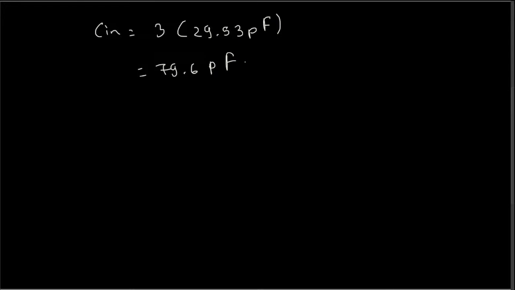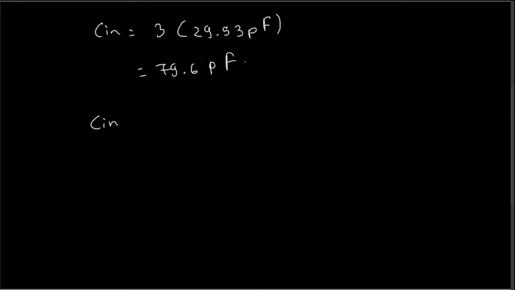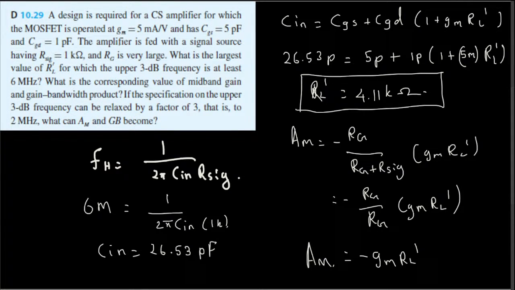Once we have this one, we have to find out AM. In order to find out AM, we need to know the RL prime. So to find out the RL prime, we use this equation right here. Again, Cin is equal to CGS plus CGD times 1 plus gm RL prime. Cin is 79.6 picofarad, CGS is 5 picofarad, CGD is 1 picofarad.